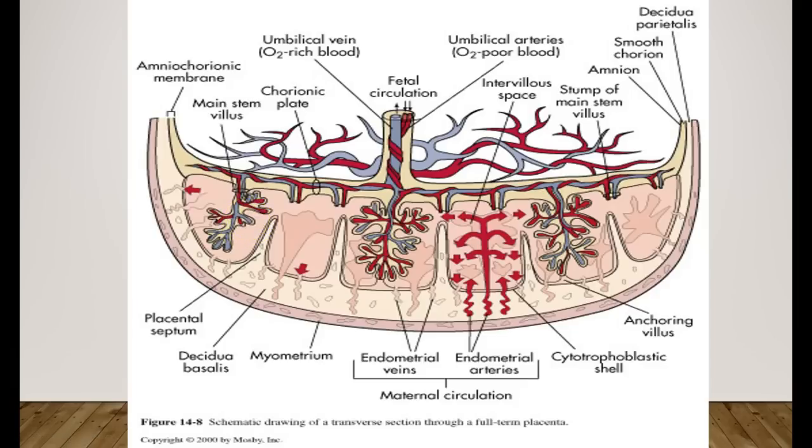So it picks up O2 to take to the kiddo, and it brings baby's waste products and drops it into this pool right here. So this membrane right here acts as the lungs to carry the oxygenated blood and get rid of waste products. And so then it gets absorbed by mom, and then mom's body takes care of it.